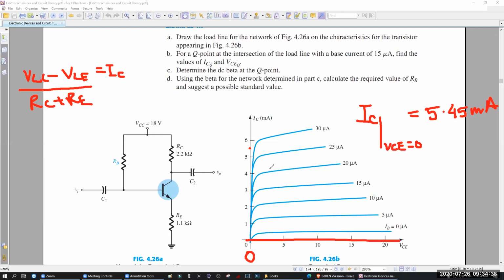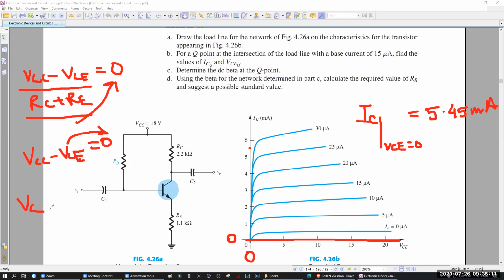Here, what is the value of IC in this line? 0. So I'm going to put 0 here. If I put 0 here, multiply this with that, your VCC minus VCE will be what? Will be 0, because if you multiply the resistance with 0, it will be 0. Take the VCE on the other side.